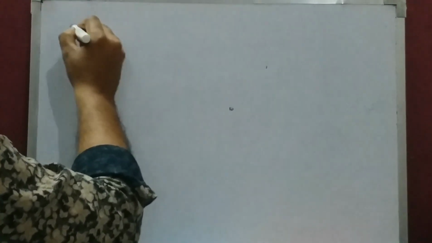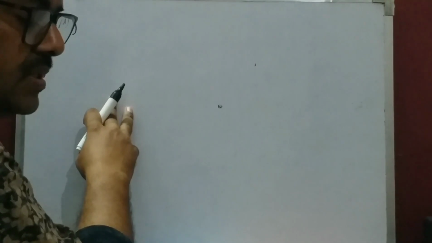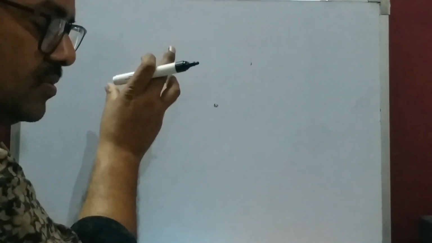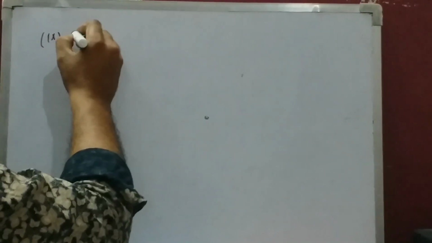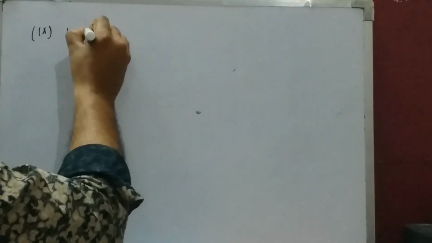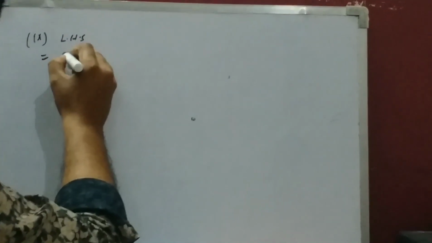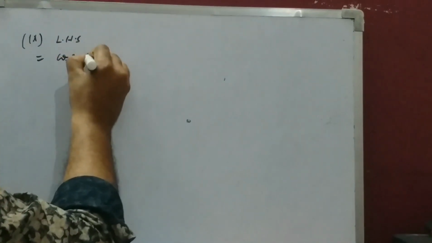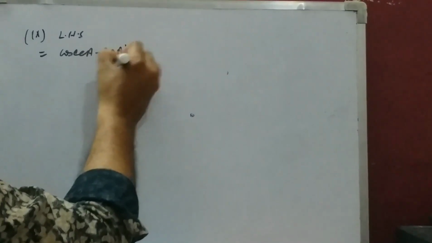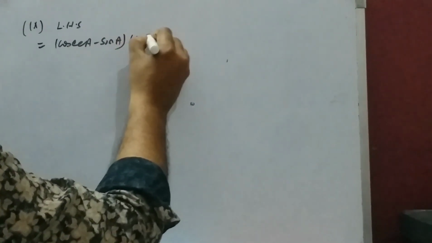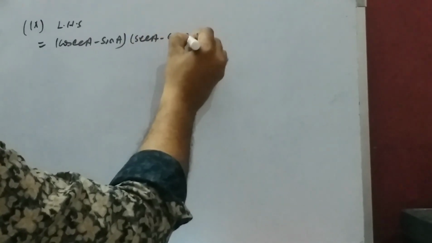Question number 9. In question number 9, LHS is equal to (cosec A minus sin A) into (sec A minus cos A).